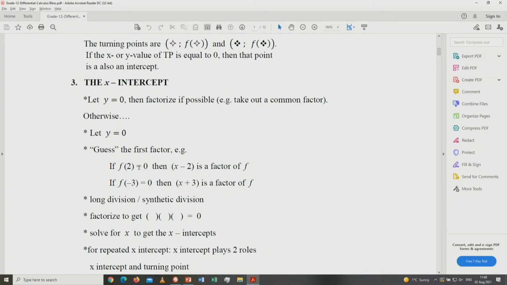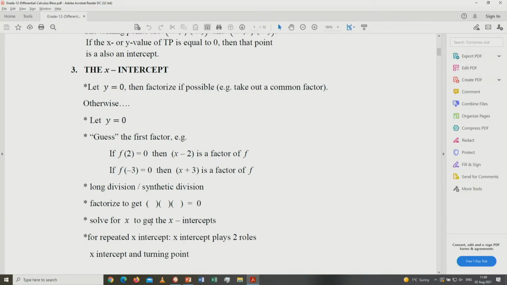And the other roots can be determined by using the long division method, or the synthetic method, or you can use the inspection method. And that's the beauty of mathematics, learners. There are so many ways to kill a cat. What is very key is to arrive at the same answer.